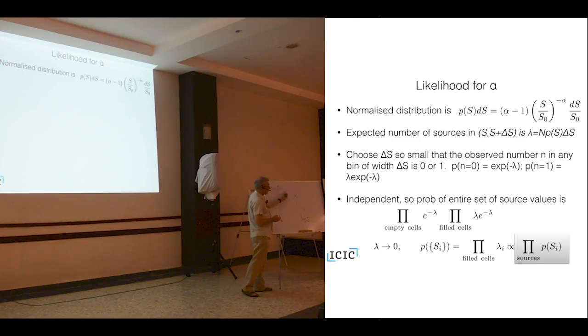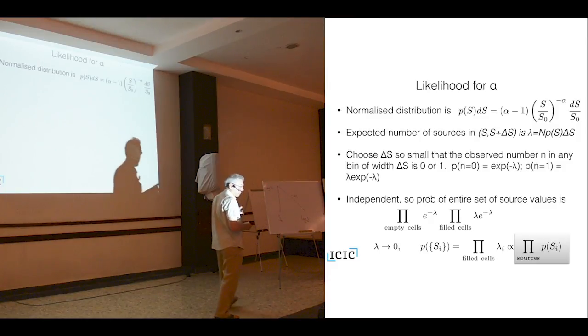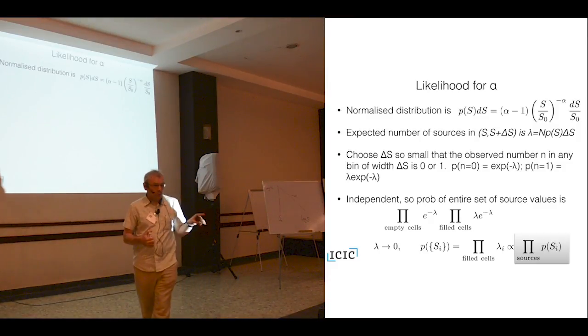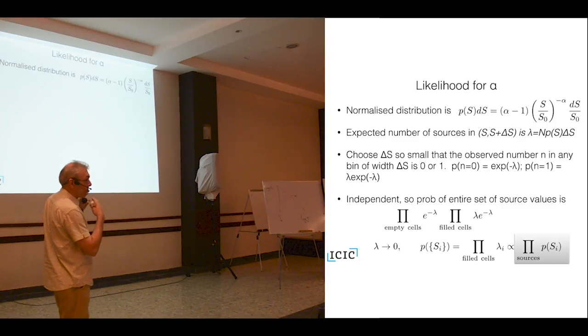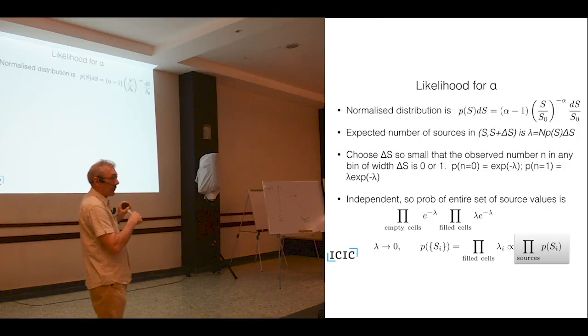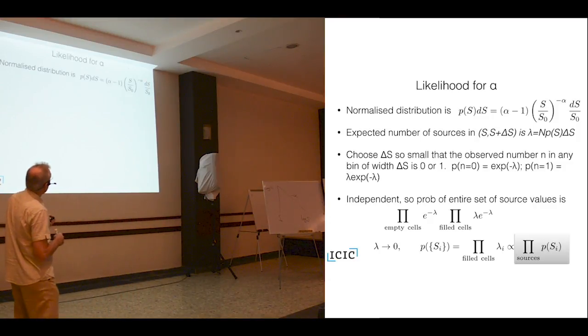If we interpret this as a probability distribution, then if we change the slope alpha, we have to change the normalization as well, so that it integrates to 1. That turns out to be important, because the normalization depends on alpha. As you can see here, there's a factor out the front, which is alpha minus 1. Given that what we're going to calculate is a posterior for alpha, a function of alpha, the normalization out the front becomes important.